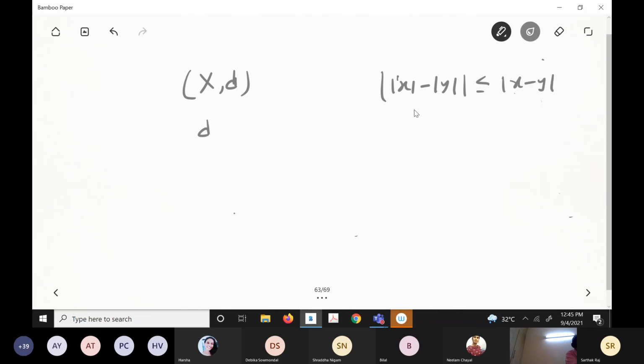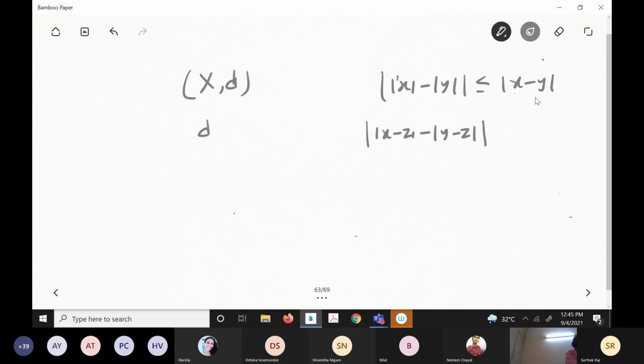Here I calculated the distance from 0, the origin. But the same thing you could do with z: replace x by x minus z, and y by y minus z.